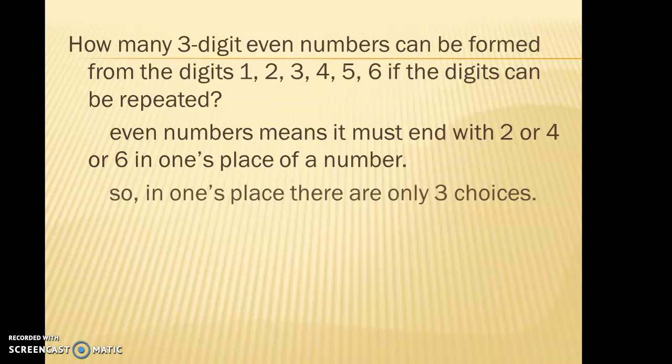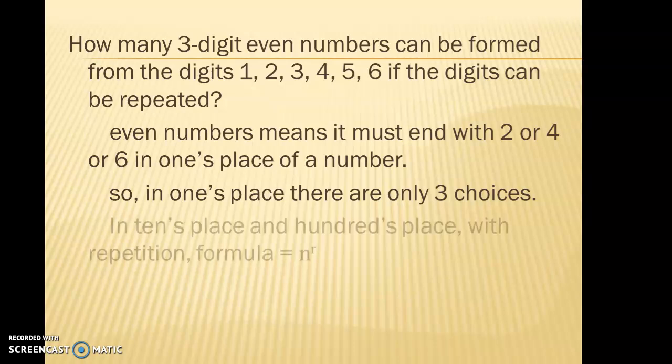What happened to the tens place? We'll see it later. In the ones place, there are only 3 choices, because you can have only 2, 4 or 6. In the tens place and hundreds place, we are applying repetition also, so the formula is n to the power of r. That is, in the tens place and hundreds place, you can have any digit from 1 to 6.